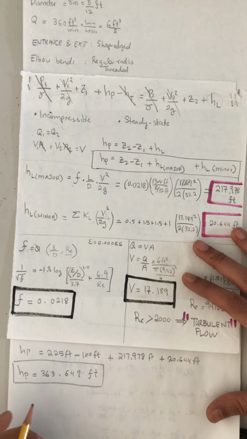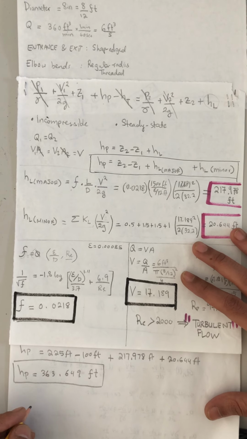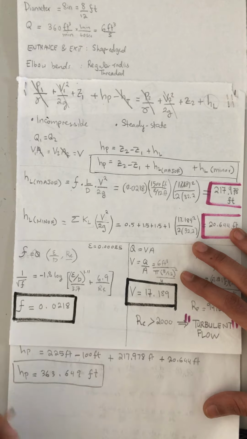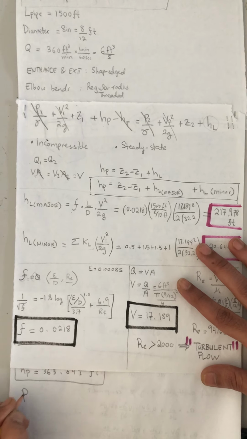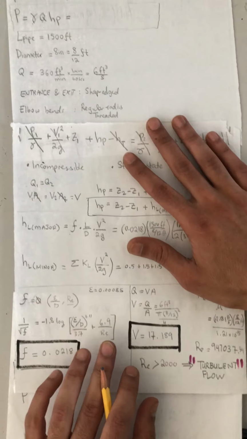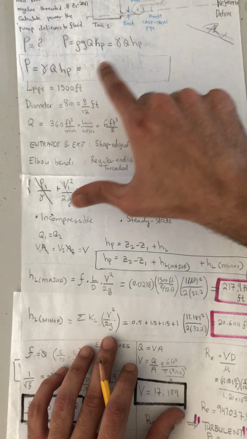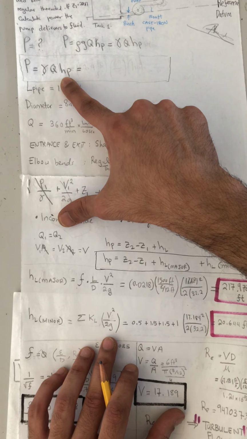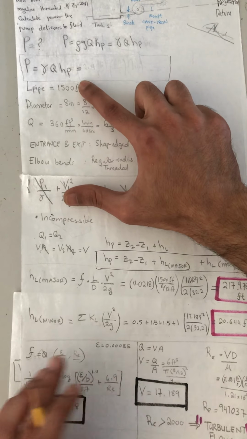Now that we have calculated our head gain, it is just a plug and chug step to calculate the performance of our pump. As we stated earlier, our performance could be found using our pump performance equation.